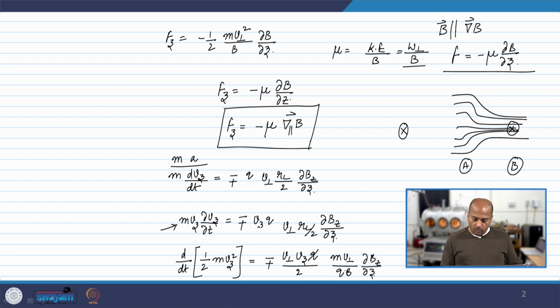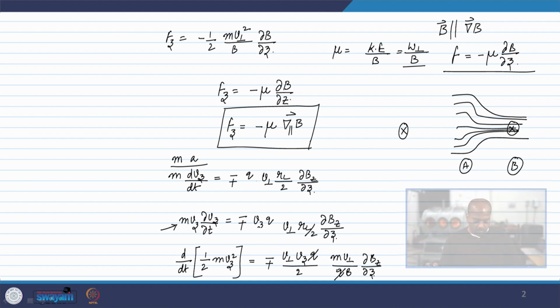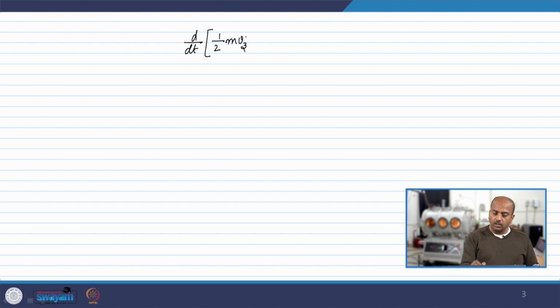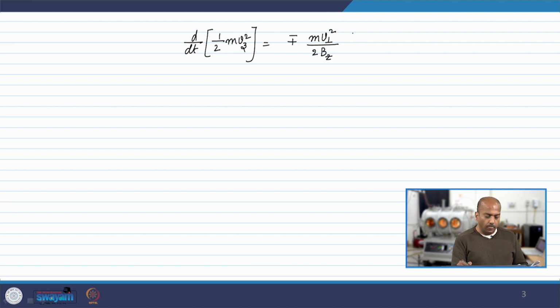So here q gets cancelled and we can write it as the rate of change of kinetic energy is equal to minus plus m v perpendicular square divided by 2 Bz, dou Bz by dou z, into dz by dt.